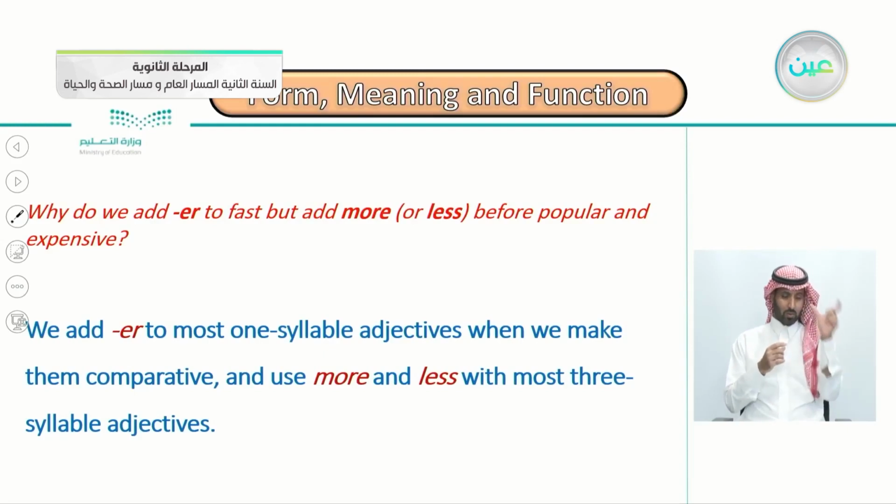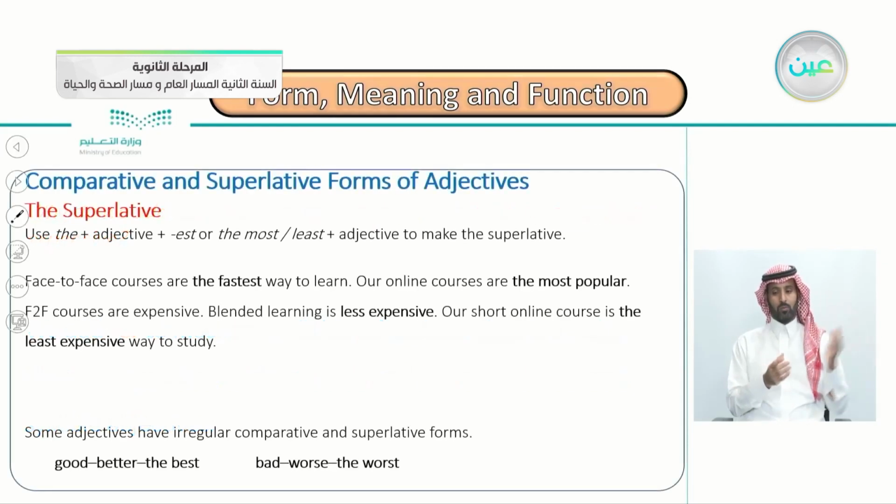And we use more and less with most three-syllable adjectives. Focus on the word most. So for most one-syllable adjectives, we just add er, and for most three-syllable adjectives, we use more or less.